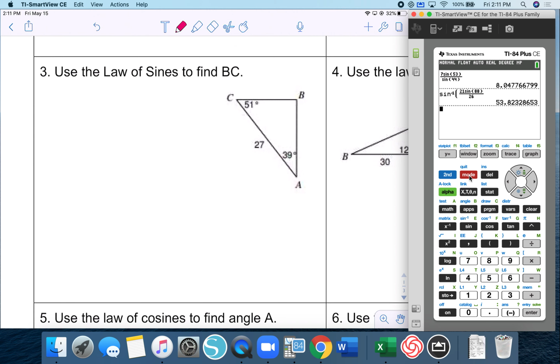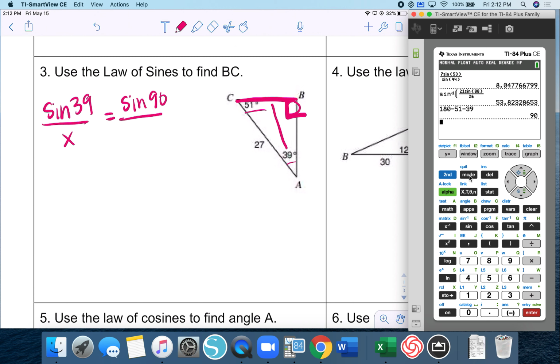Law of sines to find BC. So in order to find BC, I'm going to need sine 39 over x. And then if I look, I know angle but no side and side but no angle. Well, I can find this missing angle because I know triangles add up to 180, and I've already used 51 and 39. So this must be a 90-degree angle.